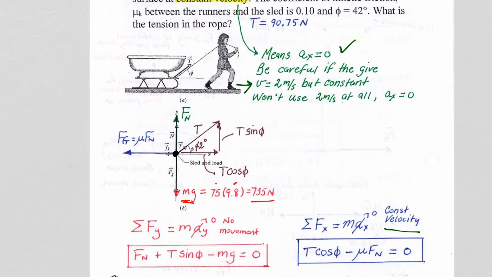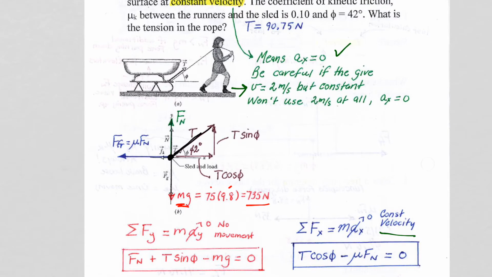We have to be careful not to just lapse into saying, oh, then the normal force will also be 735 newtons, because in this case, the tension in the rope, pulling up at an angle of 42 degrees, as given in the problem, is going to contribute an upward force of T sine 42, helping to alleviate some of the 735 newtons from the floor.